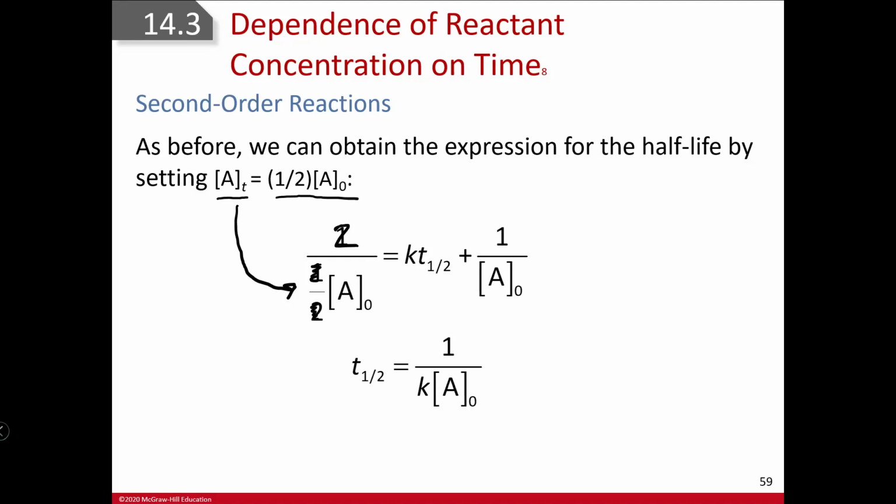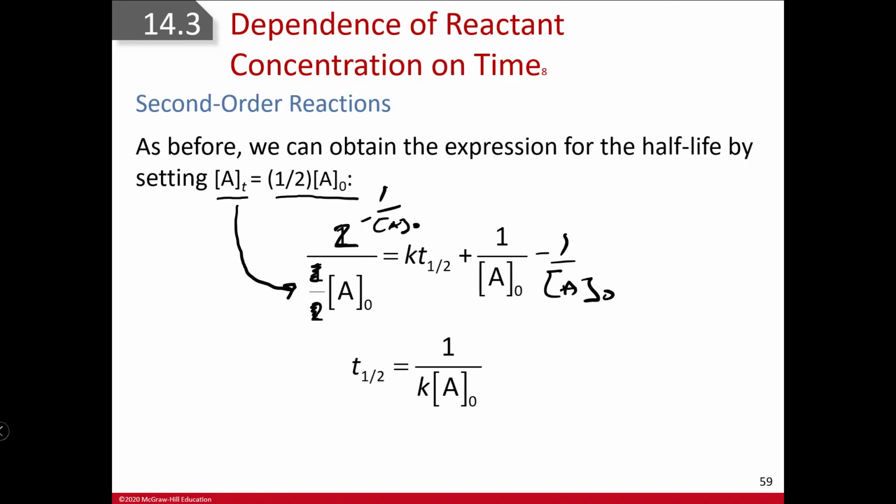And so if you take 2 over A naught and you subtract 1 over A naught from both sides, then let's do another step here.